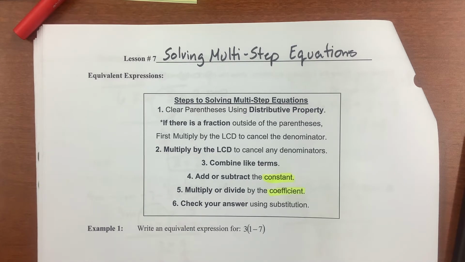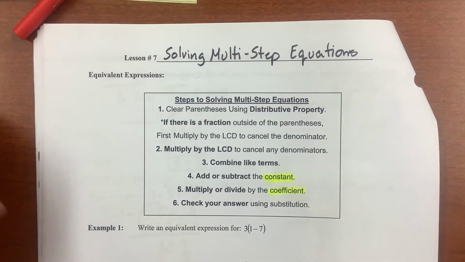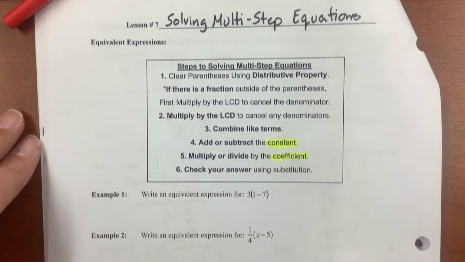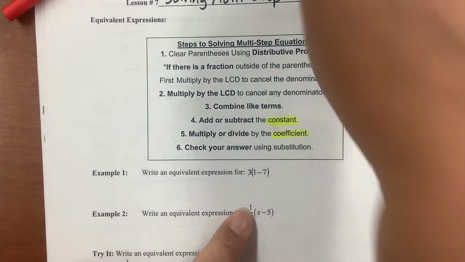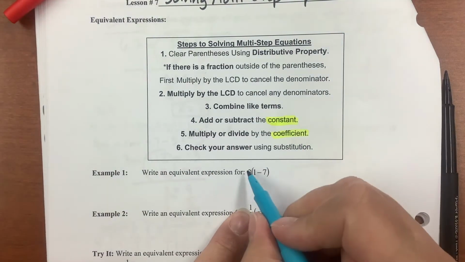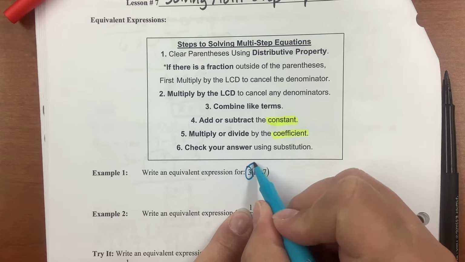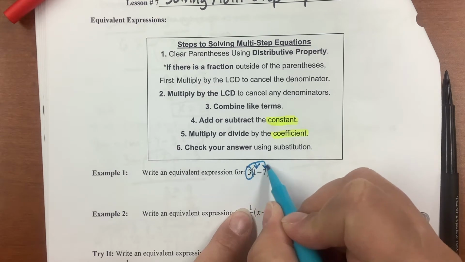All right, a little bit of vocabulary review. It is coming. So write an equivalent expression to this. There's actually two that we can do. You're going to multiply what's outside the parentheses, 3, times what's inside the parentheses.